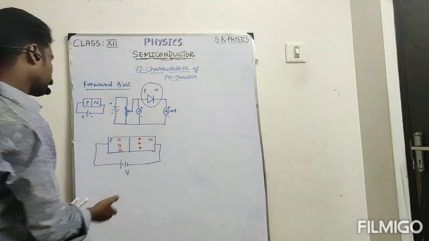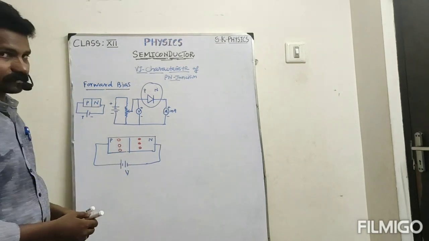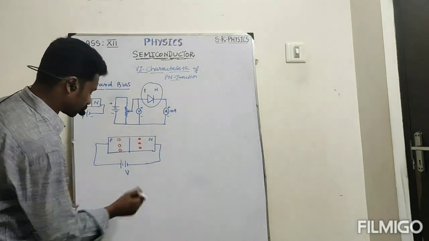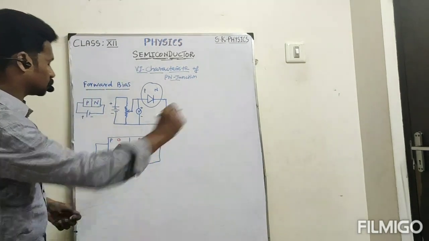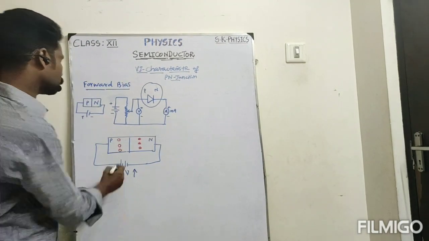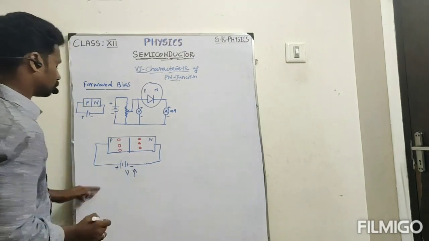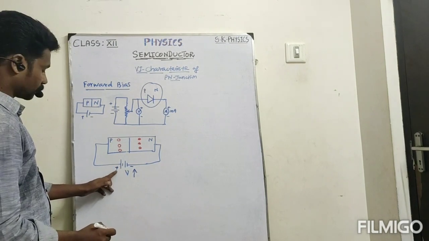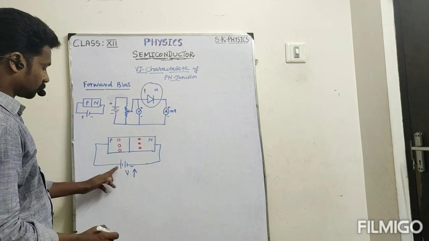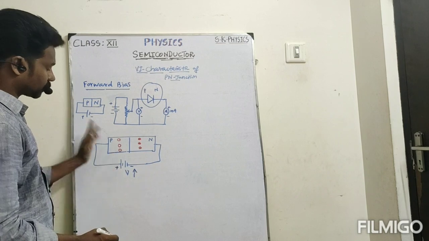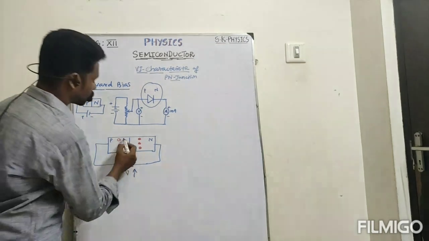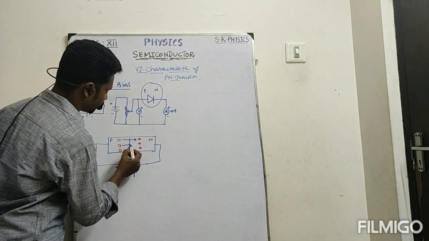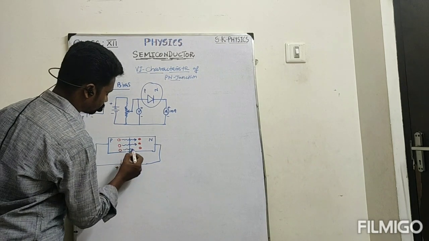Now when we increase the applied potential level, the positive terminal is connected to the P region, so it repels all the holes, and the holes will migrate to the N side.